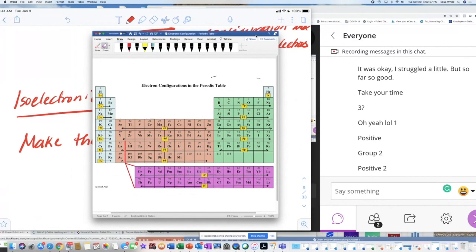I'll say sulfur, chlorine, argon, potassium, calcium. So let me actually say isoelectronic with argon. Can I add one more to make this interesting? I'll say phosphorus.